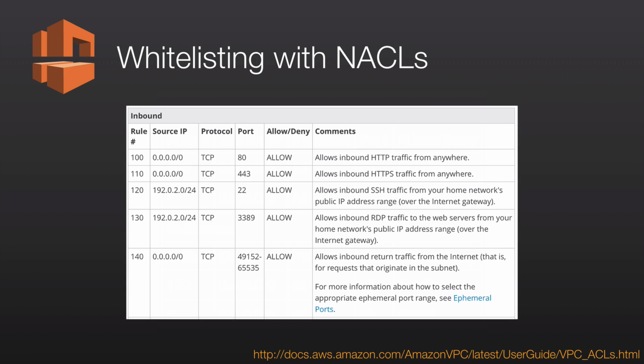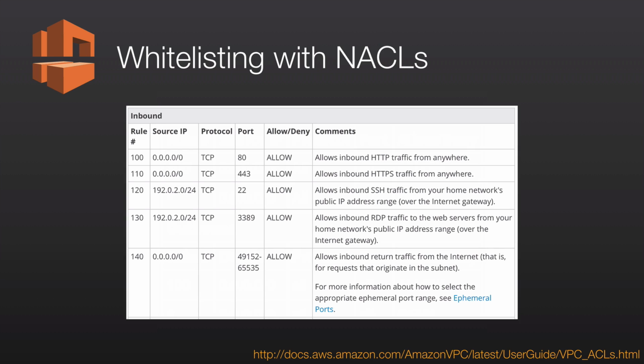The first is whitelisting. So this would be removing the default allow and replacing it with a series of explicit allow statements. Here we are, for example, allowing inbound HTTP and HTTPS. We're whitelisting SSH traffic from a specific network's public IP address range via the Internet Gateway.